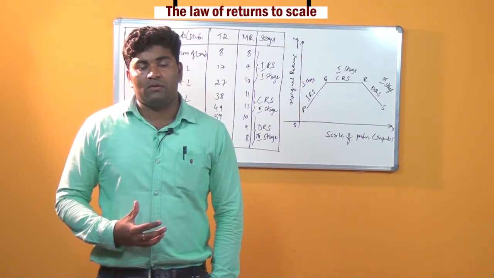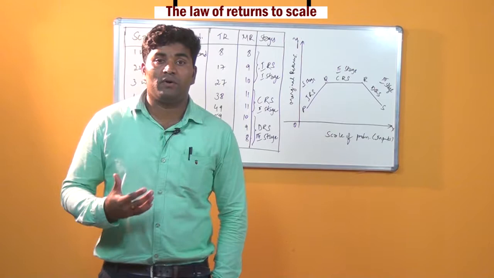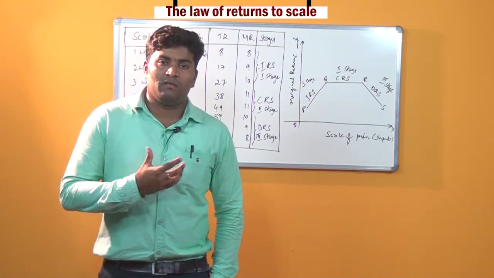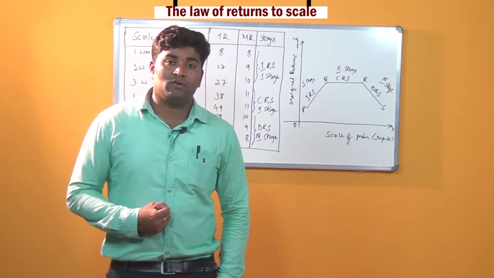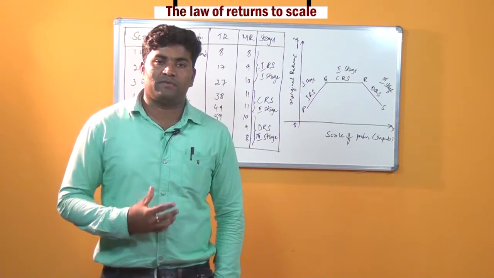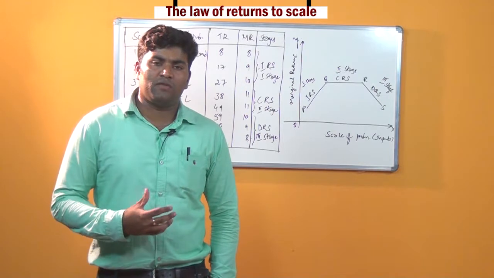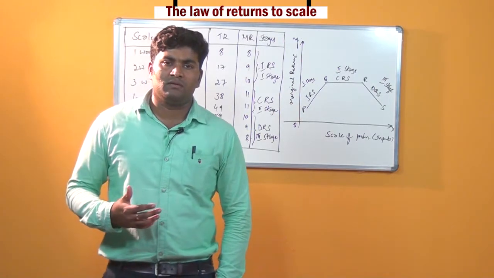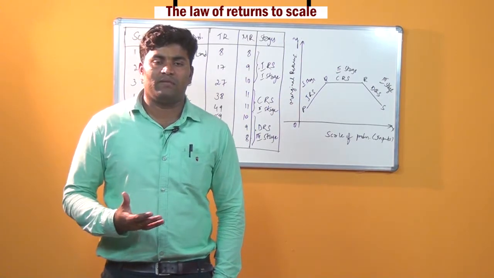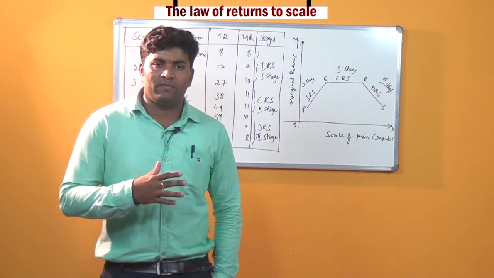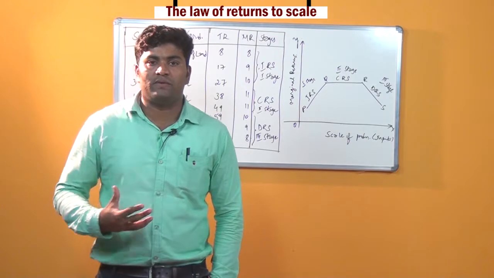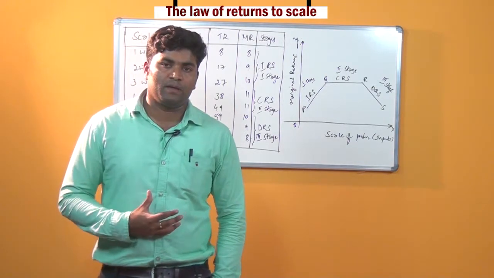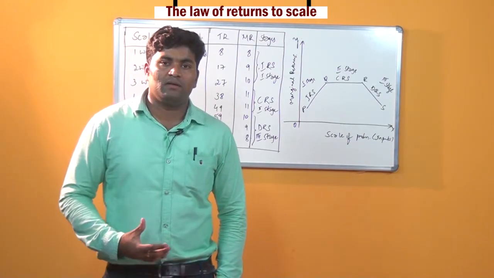It also explains an important relationship between factor inputs and factor outputs in the long run. According to Roger Miller, the law of returns to scale is nothing but the quantitative or functional relationship between factor inputs and output in the long run when all factor inputs vary in equal doses.